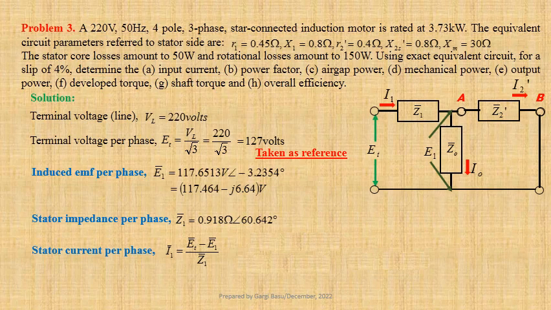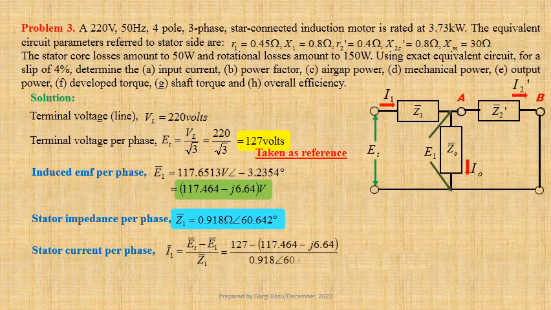Using values we get I1 equals 127 minus of 117.464 minus J times 6.64 divided by 0.918 at an angle 60.642 degree. That gives us 11.62 at an angle 34.85 degree divided by 0.918 at an angle 60.642 degree. That is equal to 12.65795 ampere at an angle minus 25.792 degree.